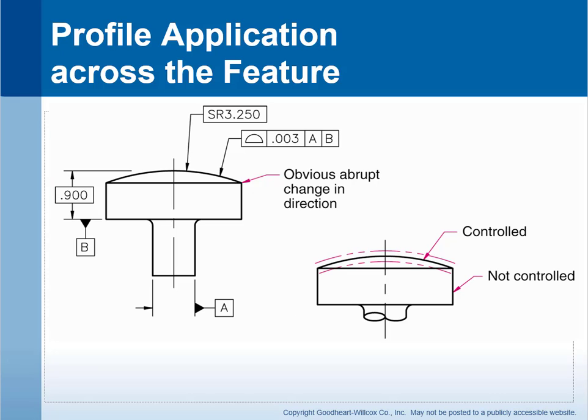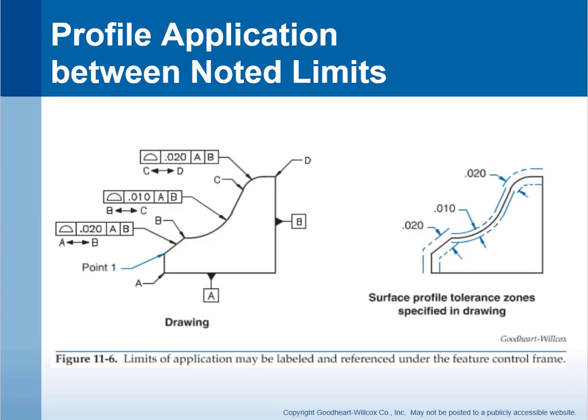Now in this next slide, we're going to look at another way to do this. In this case, we have 3 different profile tolerances based on the segment that we're looking at. Okay, so this feature control frame says from point A to point B, we have 20 thousandths profile tolerance.